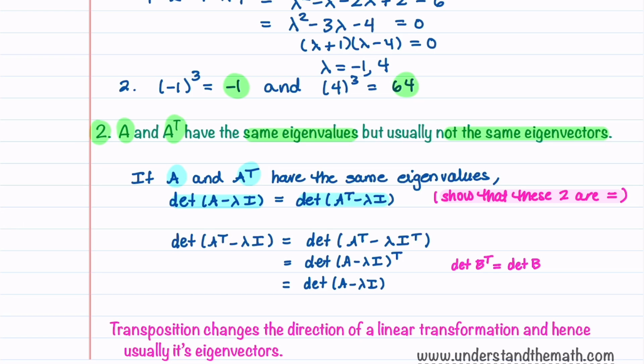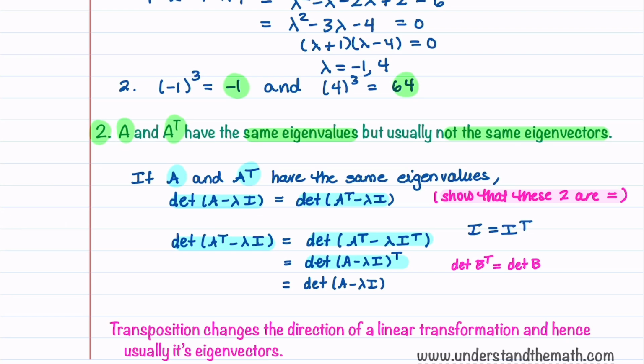We'll start with the determinant of A transpose minus lambda I, and we'll write it as the determinant of A transpose minus lambda times I transpose. This is just like multiplying by I because I is equal to I transpose. We'll then do some rearranging and take the transpose to the outside and write it as determinant of A minus lambda I quantity transposed.